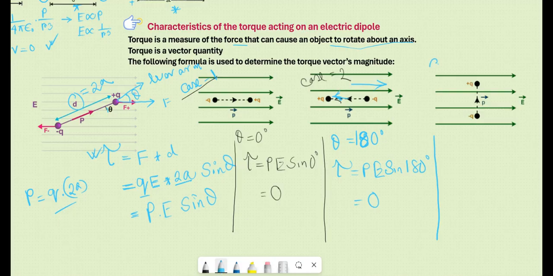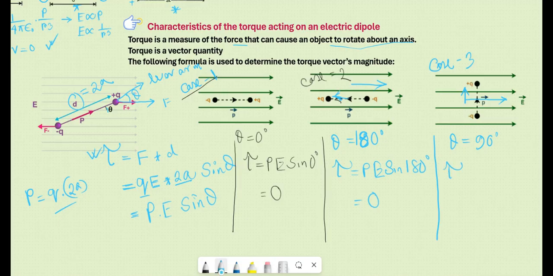Again, case number 3. So where is the dipole? Obviously within this direction. We know the dipole is always towards the positive charge, and the electric field is in this direction. It means theta is equal to 90 degrees.